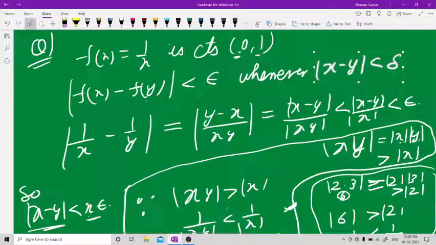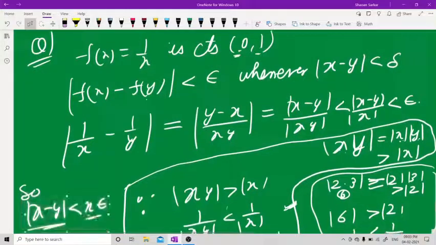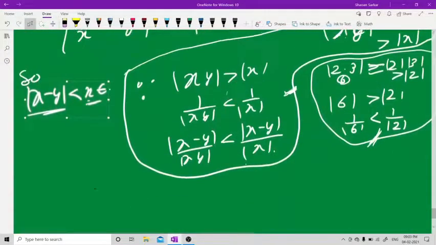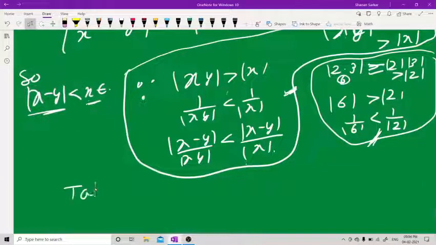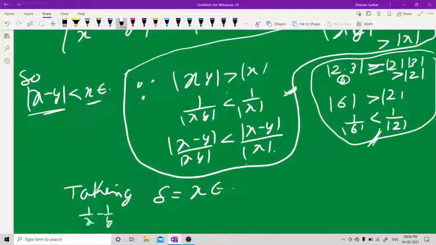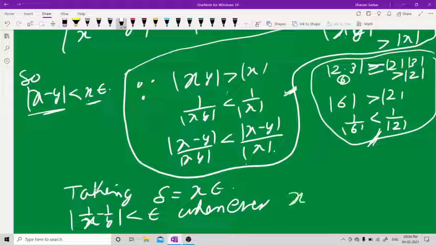Delta is coming out to be x epsilon. If you compare this one and this one, here this is behaving like delta, so delta is equal to x epsilon. So let's write it down. Choosing delta equal to x epsilon, 1 upon x minus 1 upon y is less than epsilon whenever mod x minus y is less than delta.